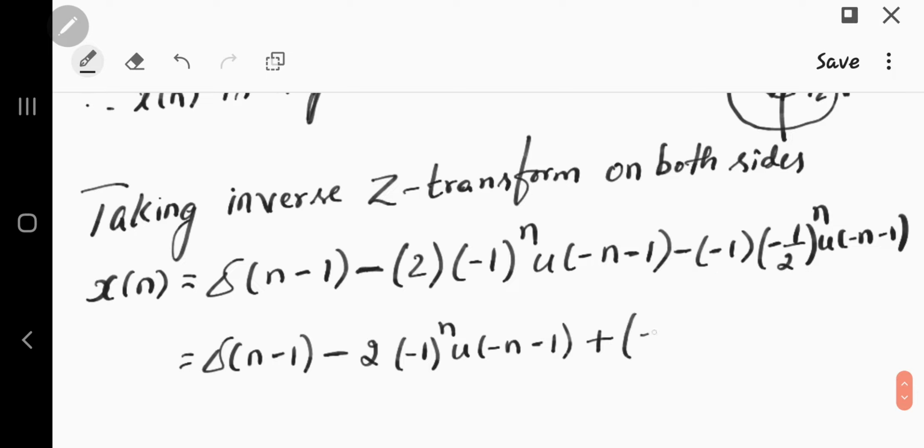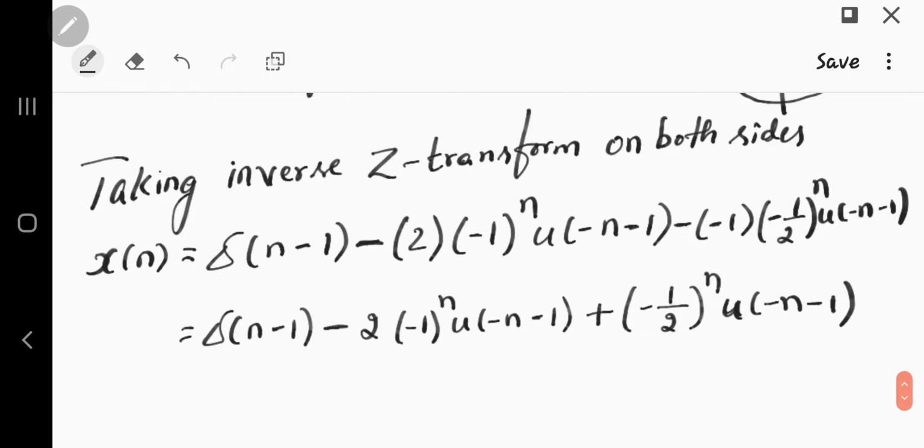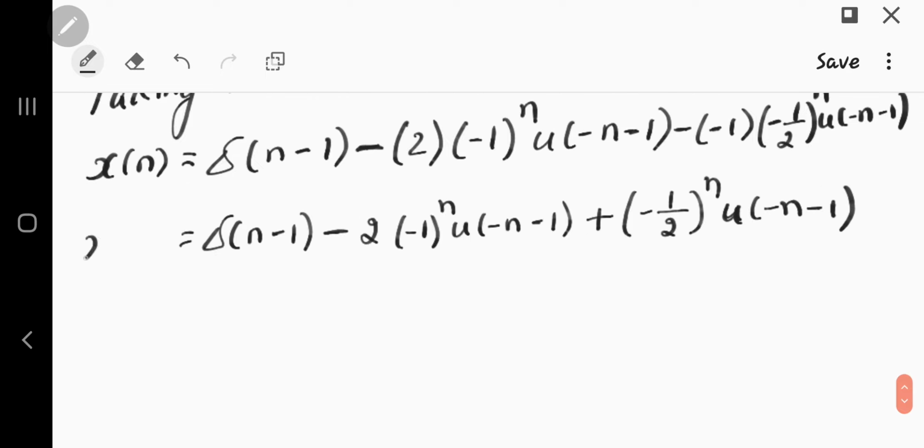You can directly write -1 by 2 to the power of n, u of minus n minus 1 here. So this is the inverse Z transform for the given sequence. Okay, I hope you have understood this method.